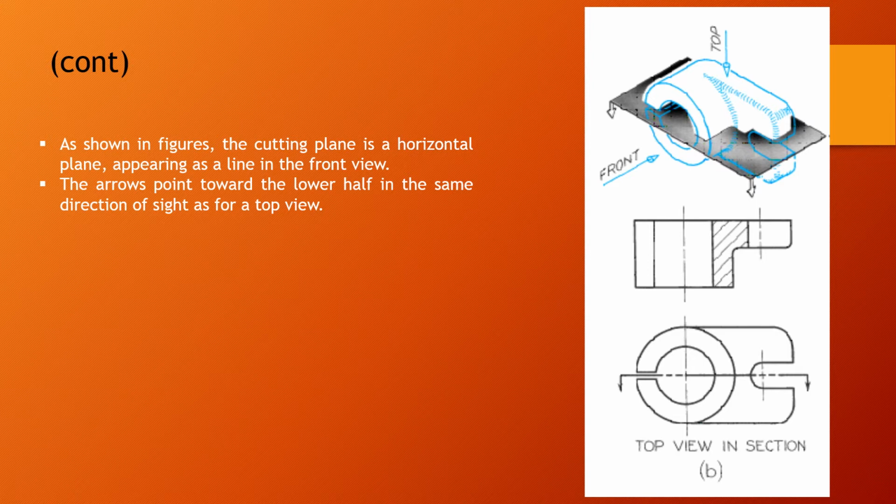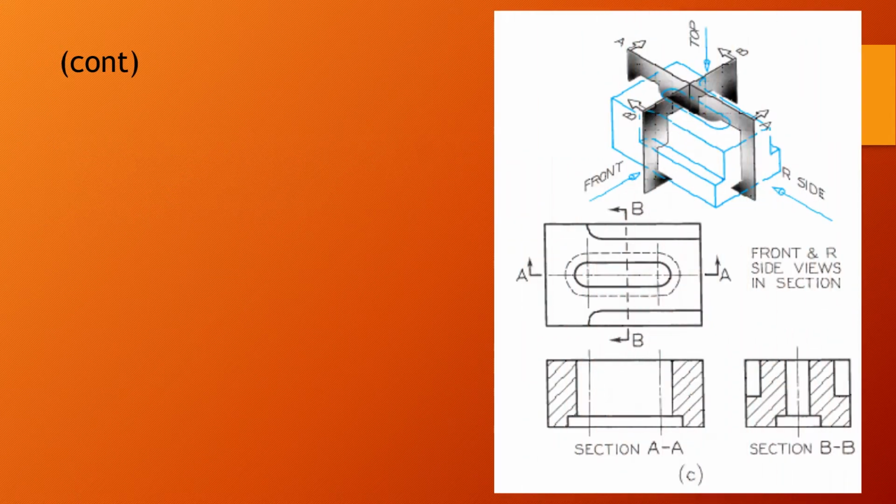If we take the front as the reference, that is the horizontal cut, and we are looking downward. That is the top view in section, and this is the hatching at 45 degrees. This result is the top view in section. Let's continue.